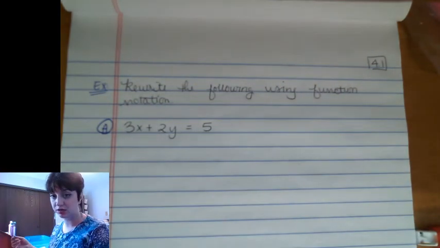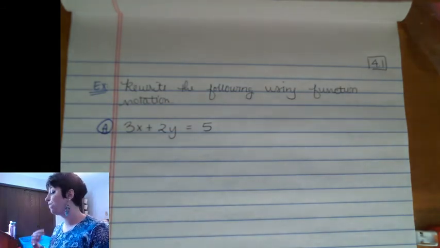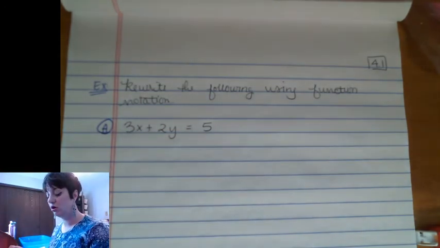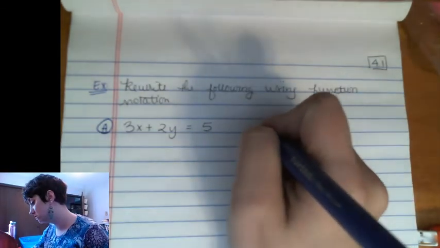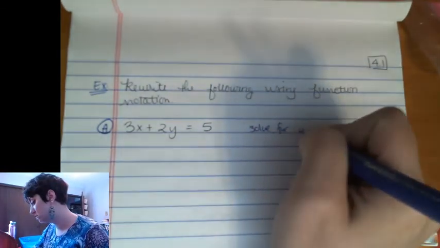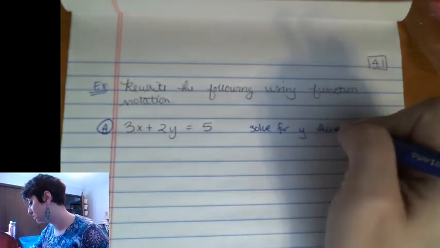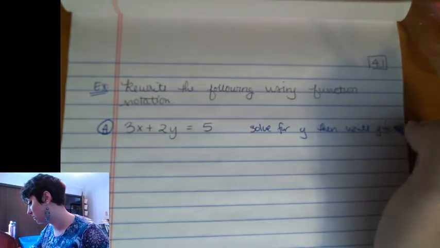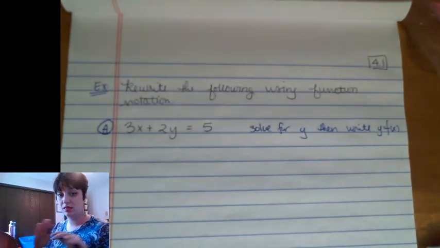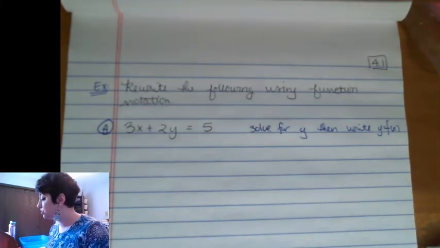This is linear, it's ax plus by equals c. For function notation, all we're going to do is solve for y. Then we replace y with f of x. That's it, I promise.